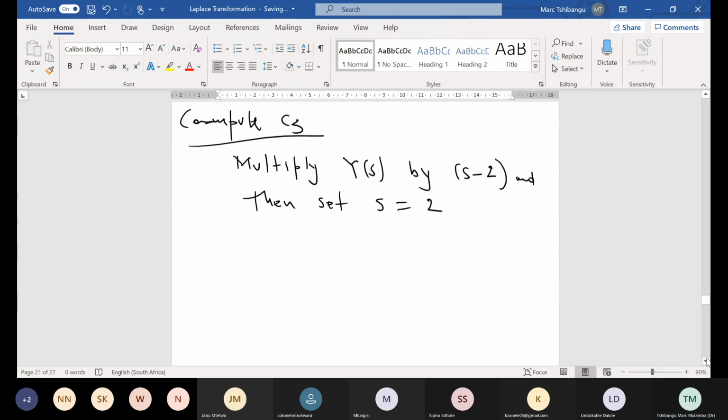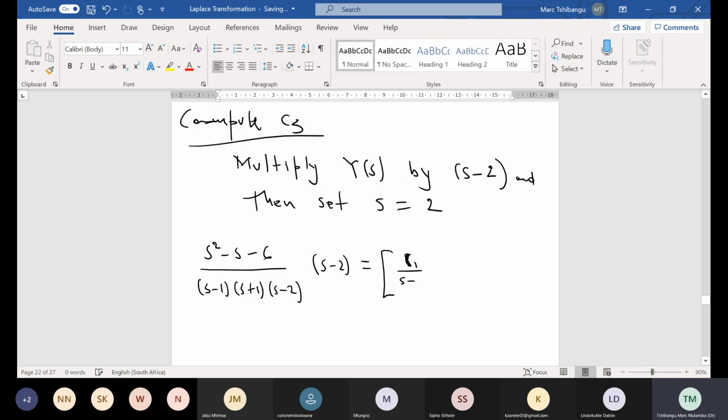Similarly, we're going to have (S squared minus S minus 6) over (S minus 1)(S plus 1)(S minus 2) times (S minus 2) equals C1 over S minus 1 plus C2 over S plus 1 plus C3 over S minus 2, times S minus 2.